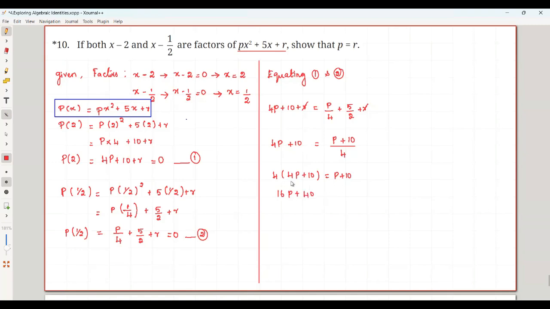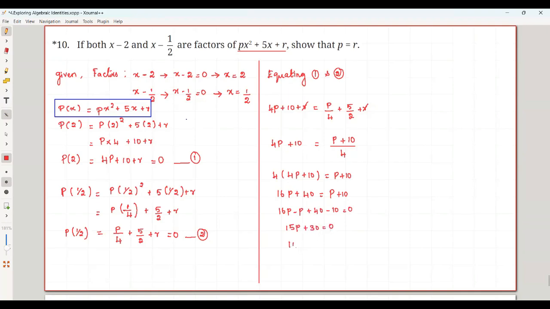Now bring p plus 10 to this side. So we get 16p minus p plus 40 minus 10 is equal to 0. 16p minus p is 15p, plus 40 minus 10 is plus 30, equal to 0.